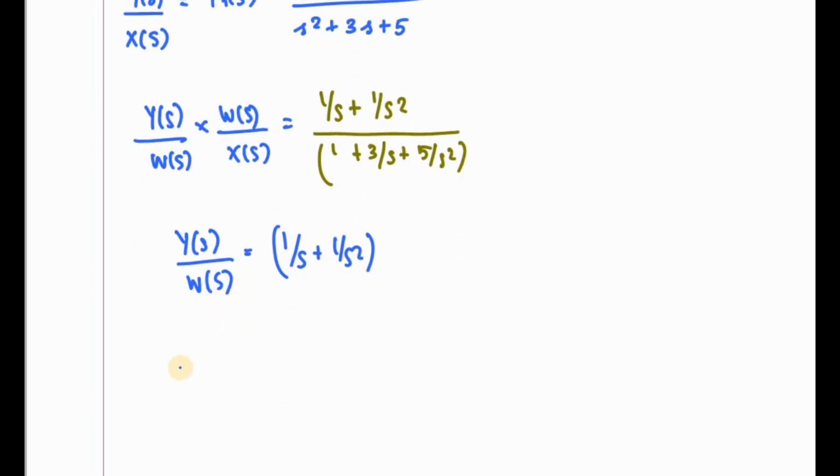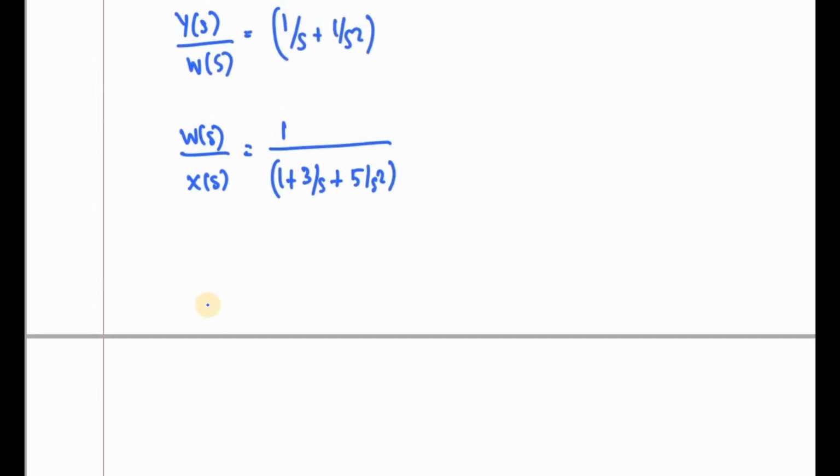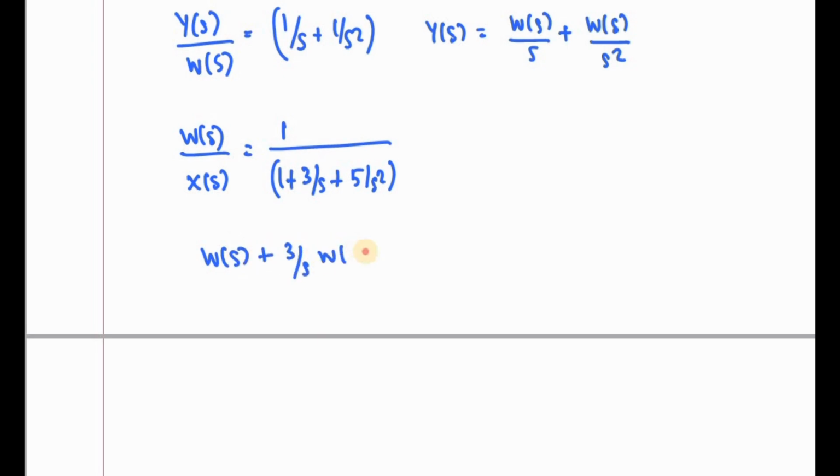And w of s divided by x of s, I have to take the denominator value, 1 plus 3 by s plus 5 divided by s square. So from this I can write y of s is equal to w of s by s plus w of s by s square. Here I can write w of s plus 3 by s into w of s plus 5 divided by s square into w of s is equal to x of s.